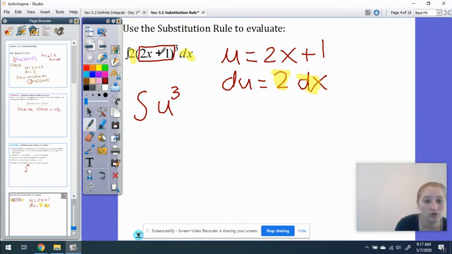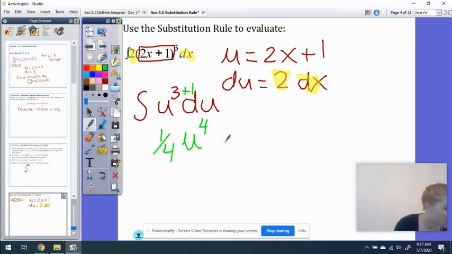So instead of writing the 2 and the dx, I'm now going to write du. Okay, so I'm substituting in the fact that 2 dx equals du. From here, we're just going to perform our integration. So we look at our exponent and we add 1 to it, which gives me a total of 4. So I'll say 1/4 u to the 4th power plus c.